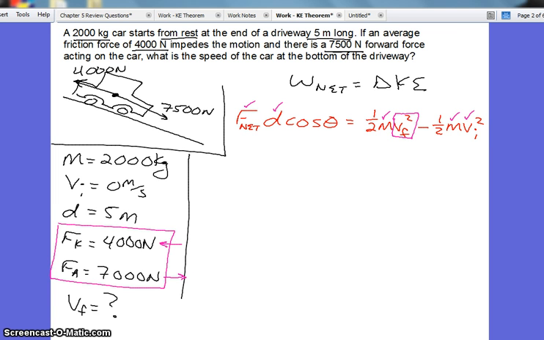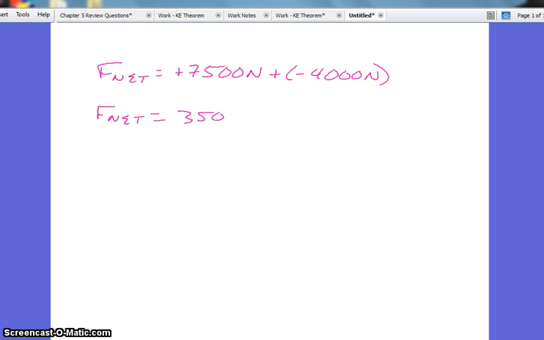To get the total, I'll write this over on a separate page. We have 7,500, which is forward, and 4,000, which is backwards, so that's negative. When we add the two, we get 3,500 newtons, and it is forward.